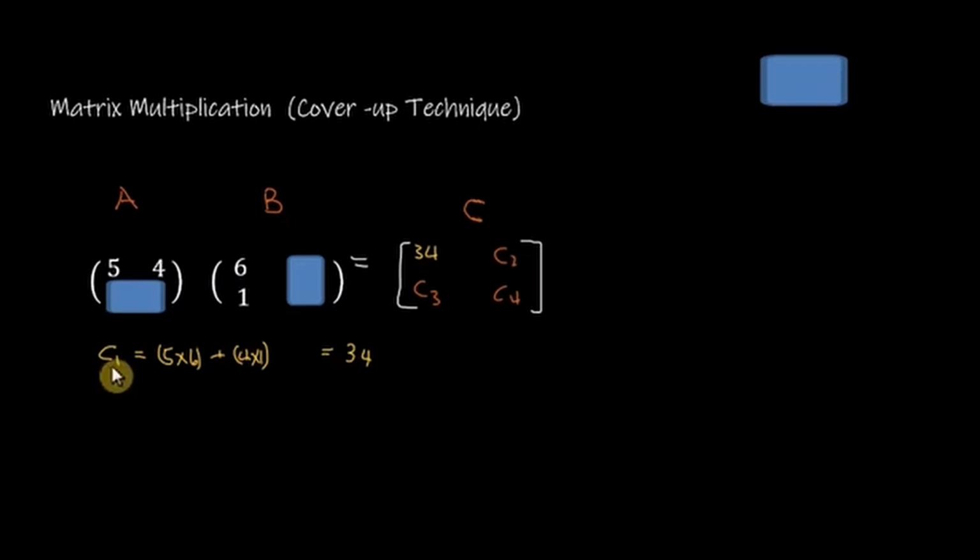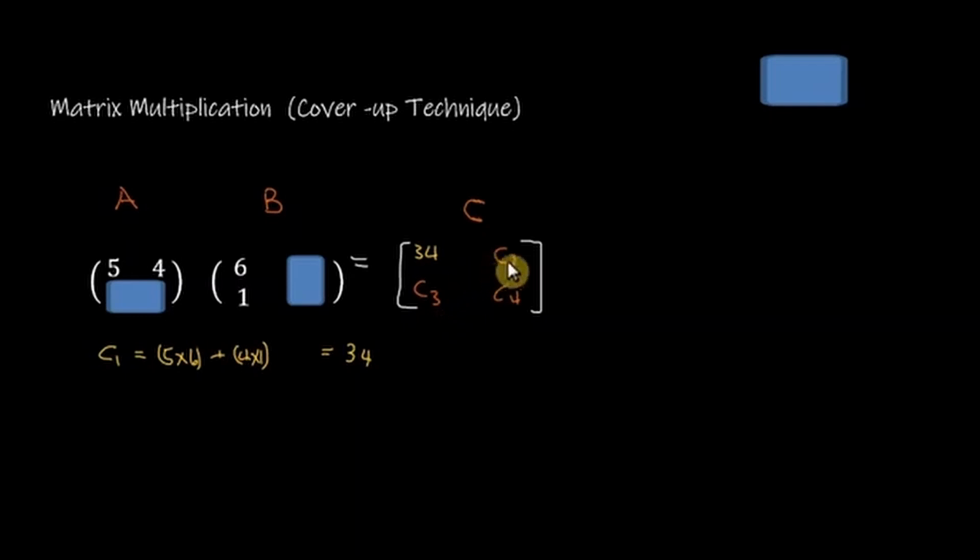So the only numbers I'm going to be using are 5, 4, 6, and 1. So I'm going to hide or cover up the other two numbers so I don't get confused while I am looking at it. So there I can see very easily that C1 is 5 times 6 plus 4 times 1. I could even do this mentally.